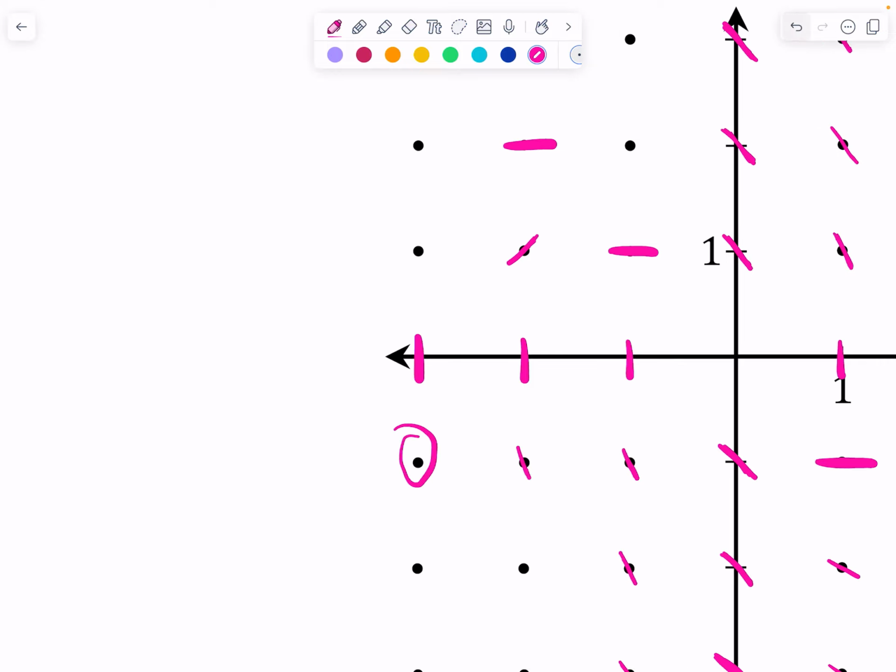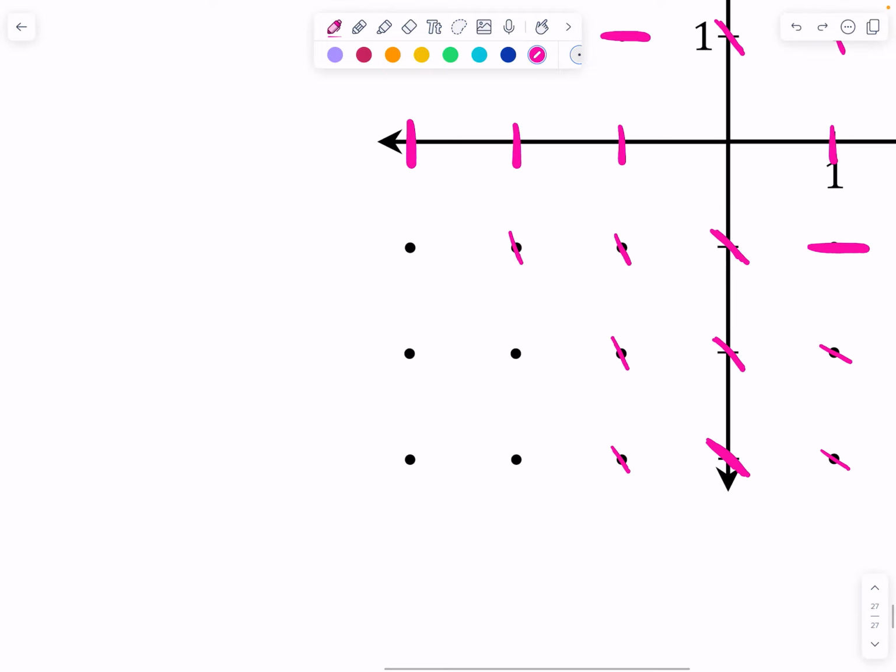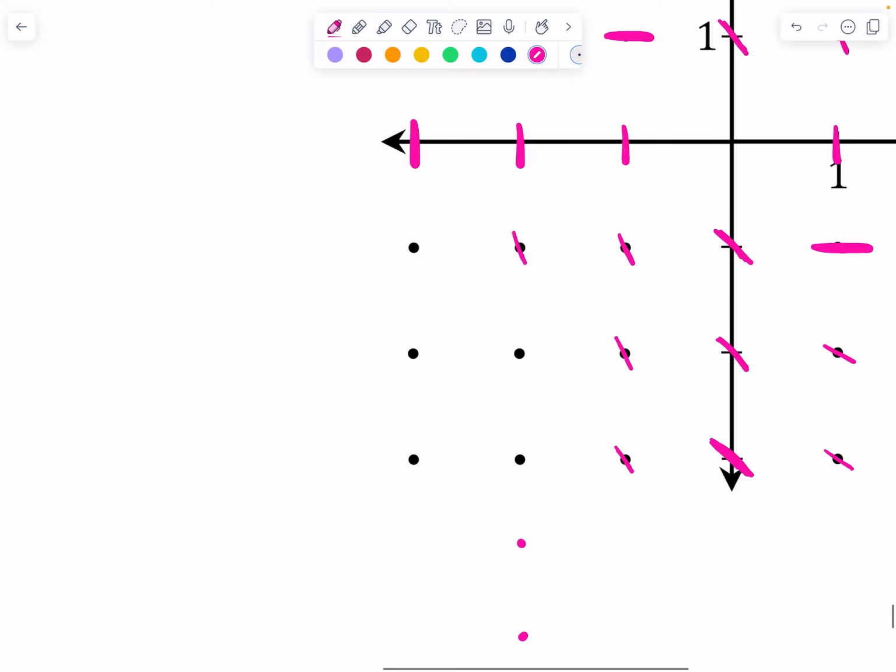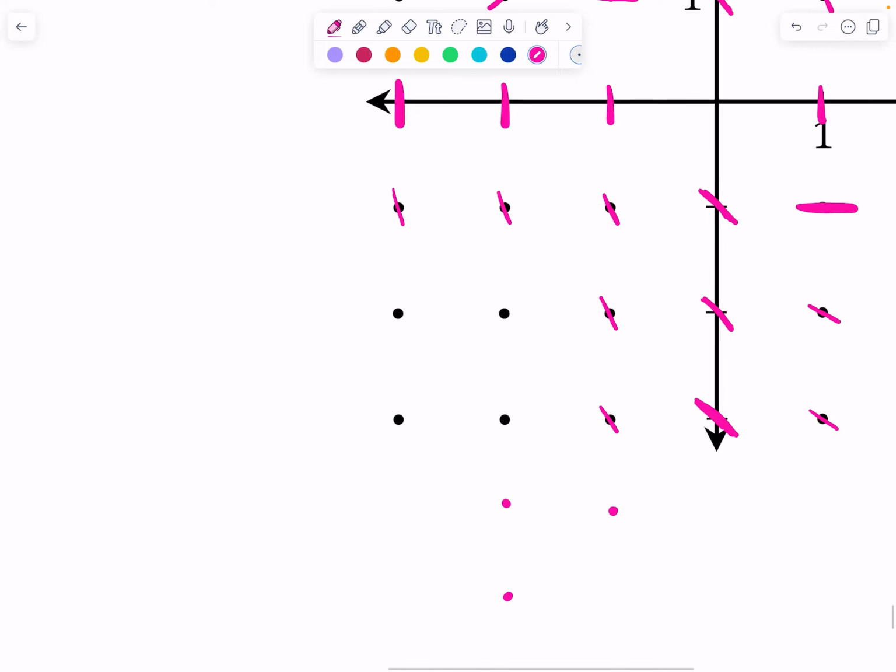Negative 3 minus 1 is negative 4. About there. Nice. Negative 2 minus 2 is negative 4. So we're looking at negative 2.